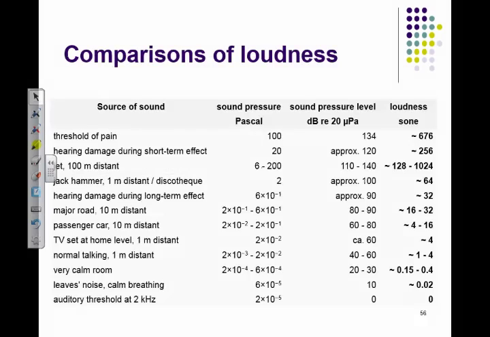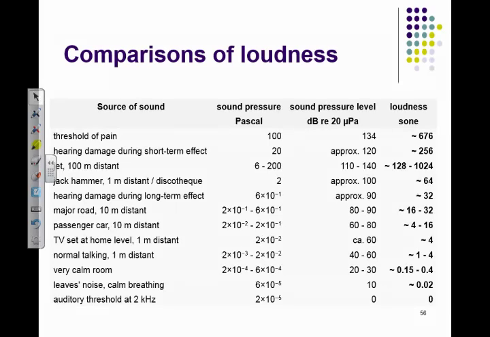Okay, here's a comparison of loudness, just as an overview, between the Pascals, the SPL, and the sones. There's always an approximation there, because this isn't a physical connection between these two. This is physical, this is perceptual, and it depends on lots of things: the frequency range, the temporal time course, all sorts of stuff.